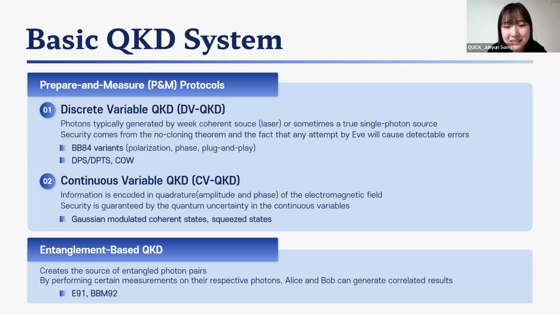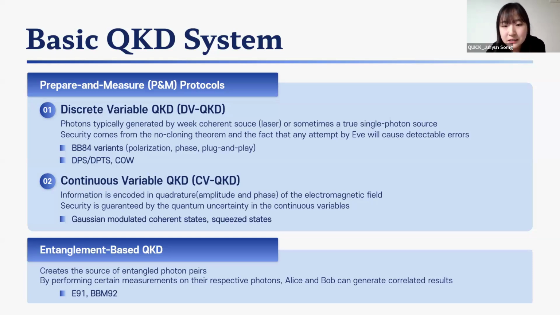Secondly, we have continuous variable QKD. Unlike DV-QKD, CV-QKD does not use discrete single photons, but instead encodes information in the quadrature components, amplitude and phase, of an electromagnetic field. Security in CV-QKD is guaranteed by quantum uncertainty in continuous variables.